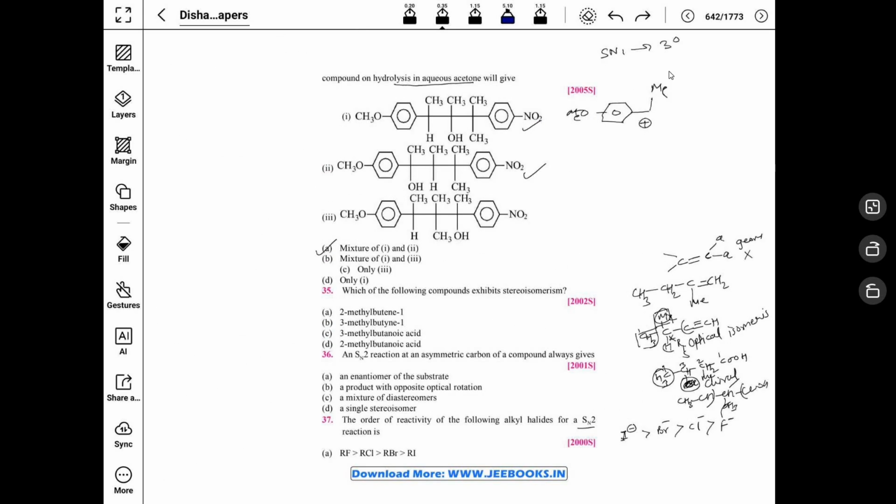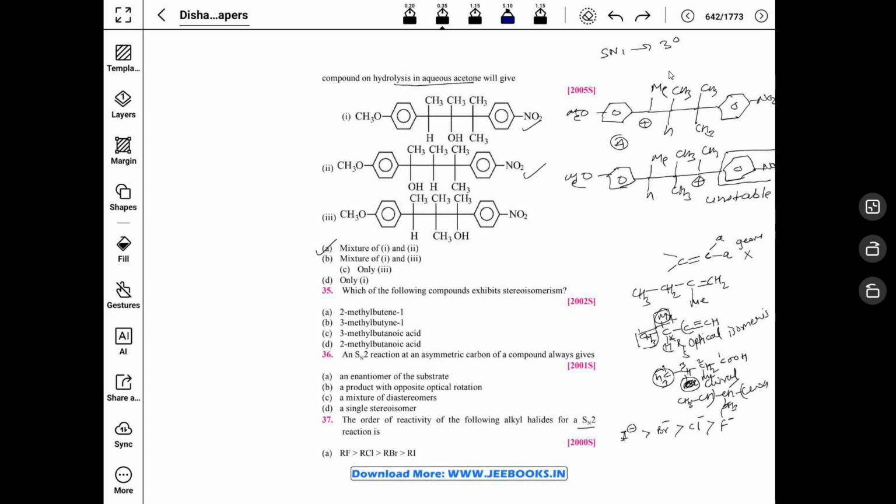So that is one intermediate possible, and the second intermediate is this, but this carbocation is unstable due to the electron withdrawing nature of this nitro group. Hence, the more stable carbocation is the benzylic carbocation. This is the most stable carbocation due to the positive mesomeric effect of this methoxy group. It stabilizes the positive charge here.